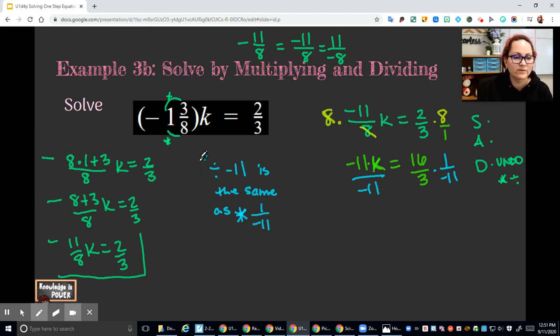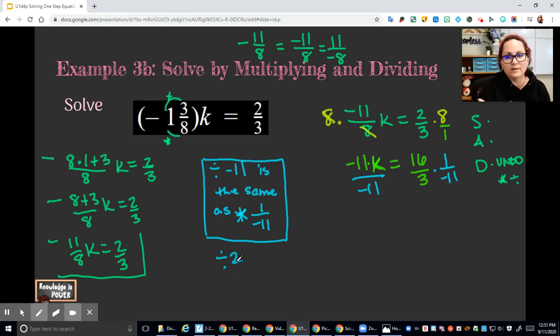Let me give you an easier example to think about it, okay? 10 divided by 2 is 5, right? So if I'm dividing something by 2, that is the same as multiplying by 1/2.